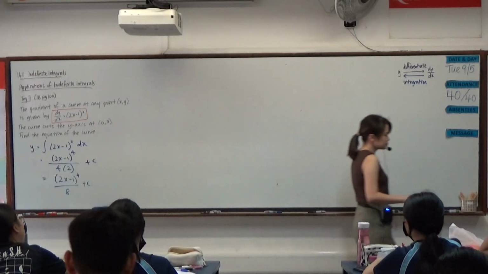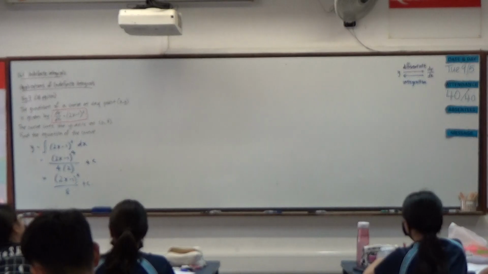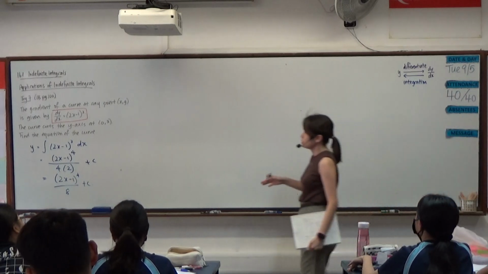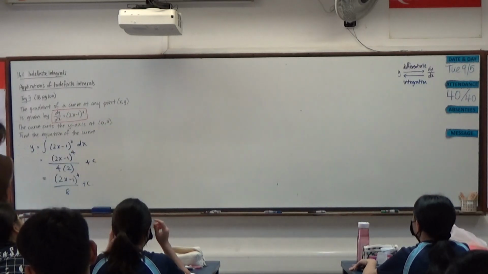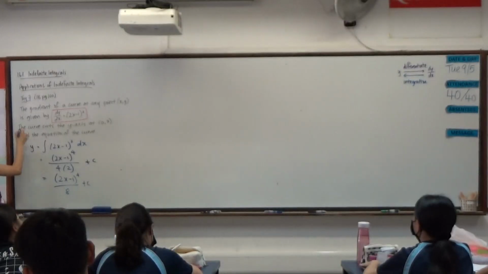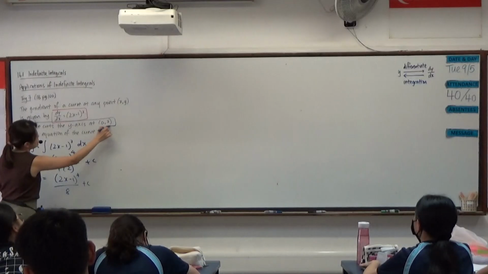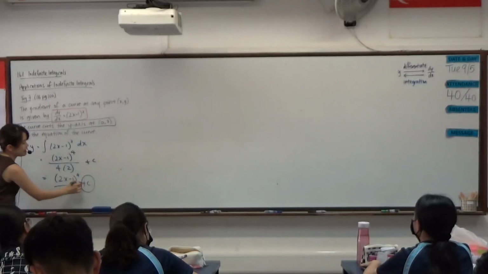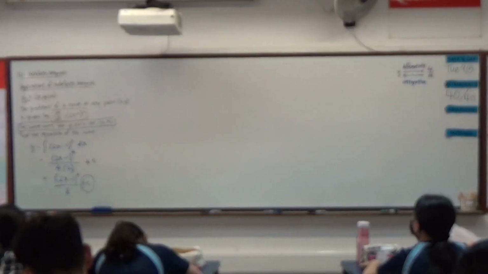But this is not the exact curve equation for this particular context, because there's more information that's given to us, which is that the curve cuts the y-axis at (0, 3). So this piece of information will help us to find out the exact curve equation. In other words, the exact value of c for this particular question.